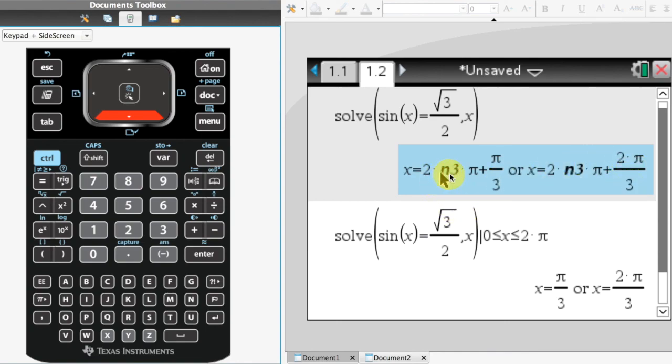And then what we're adding to it are multiples of 2 pi for that first solution and multiples of 2 pi for the second solution. So this could be rewritten as 2 pi times n, and the n just means it's an unknown constant, but that could be anything. So 1, 2, 3, 4, 5, 6, or -1, -2, -3, -4, -5, -6, whatever.